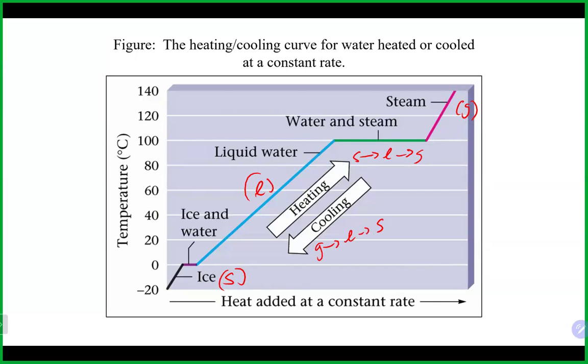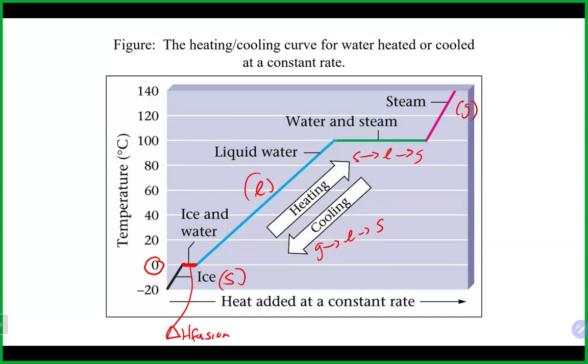So where we're talking about right here, for example, for water at 0 degrees Celsius, we can see that the line has plateaued. And because it's plateaued, we are not changing the temperature, but we are changing the phase. So when you hit 0 degrees Celsius for water, you want to do that transition. Again, that is where our heat of fusion would come into play, going from solid to liquid, or the other way, liquid to solid.